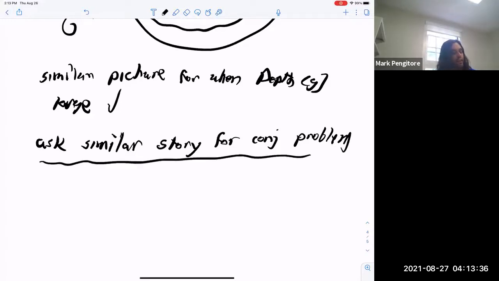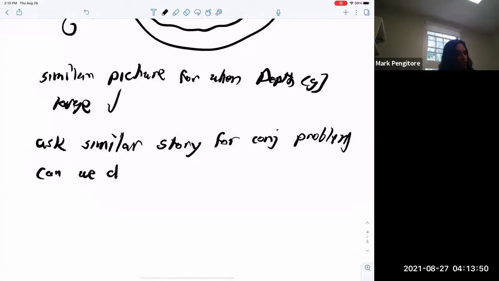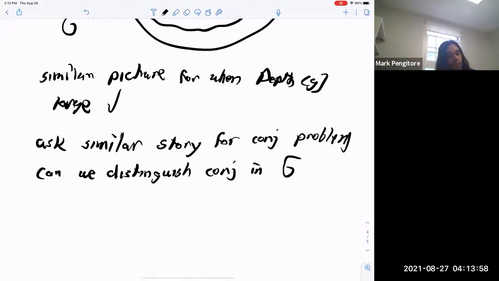The idea here is that if g and h are in G, can we distinguish conjugacy classes in our group G using a finite time algorithm?